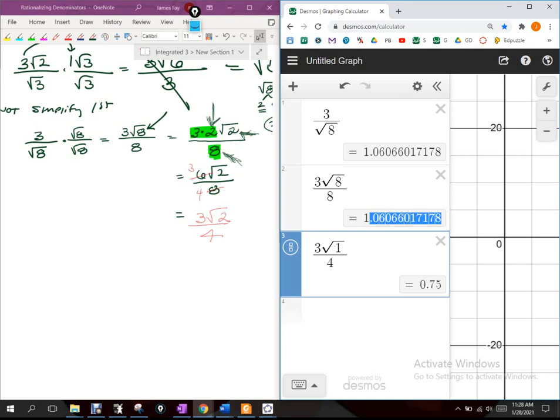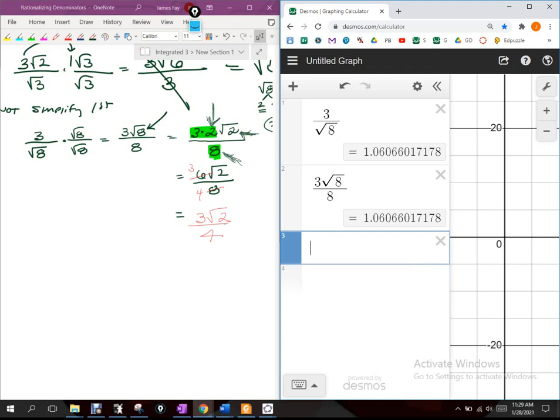Okay? And if you're a person that says, well, I'm thinking that I could take a 2 out of it, but that didn't work, can I take a 2 out of just these 2? Or can I take a 2 out of just these 2? Well, try it. Just take a 2 out of these 2. See if I go 6 square root of 1 divided by 4, just taking a 2 out of the radical and the 8. Well, that doesn't give me my 1.06 that I started with. So that's not allowed.